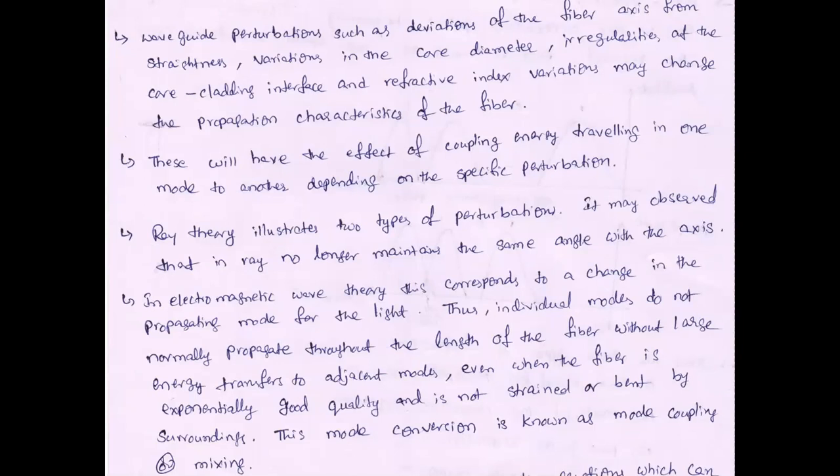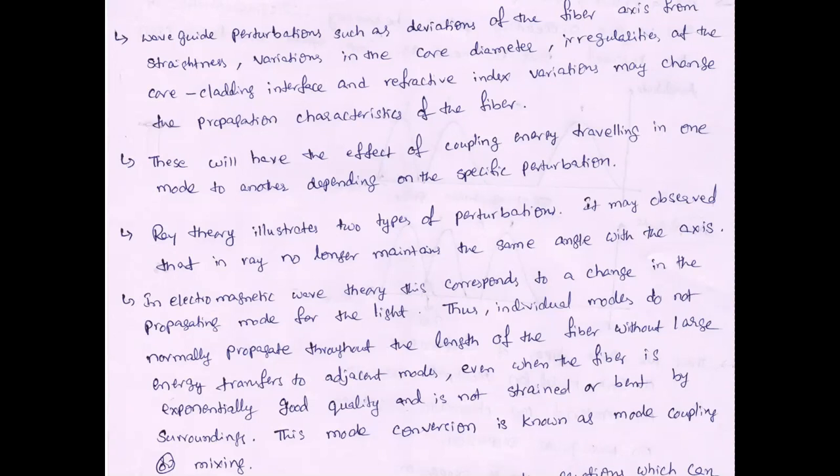Here, the waveguide may have some deviations of the fiber axis from straightness, or variations in the core diameter. Suppose there is an irregular core diameter in an optical fiber cable, automatically we get some noise in the output. At that time, we have to calculate some coupling efficiency.